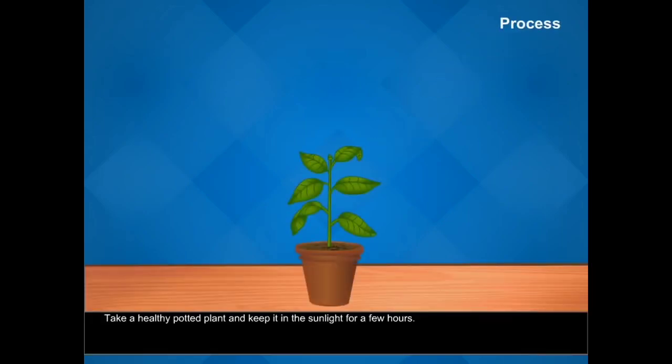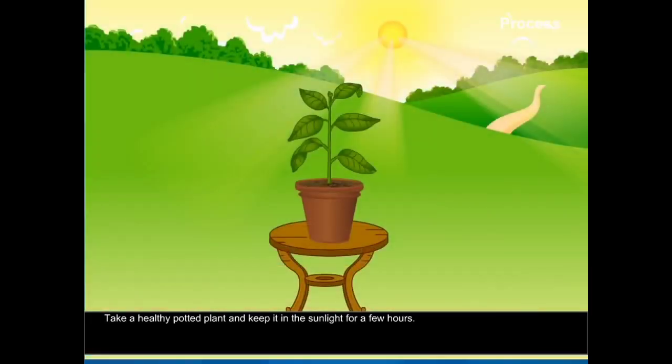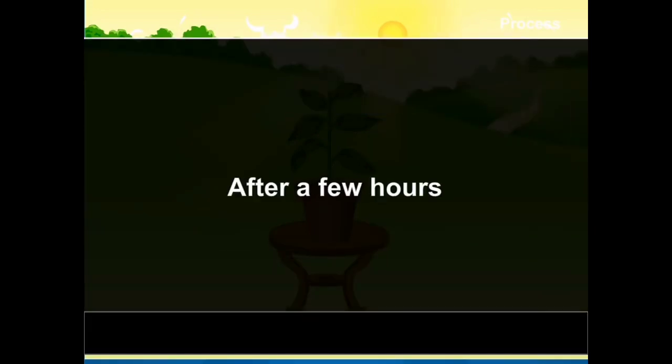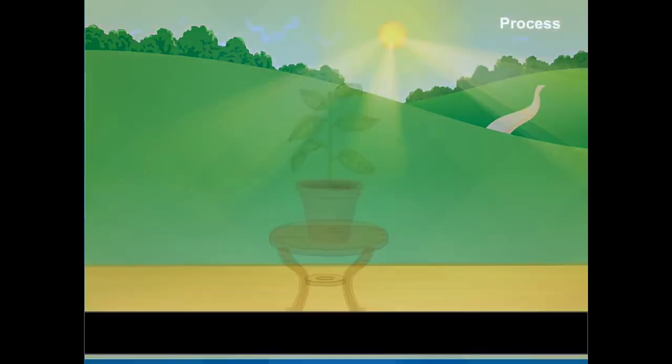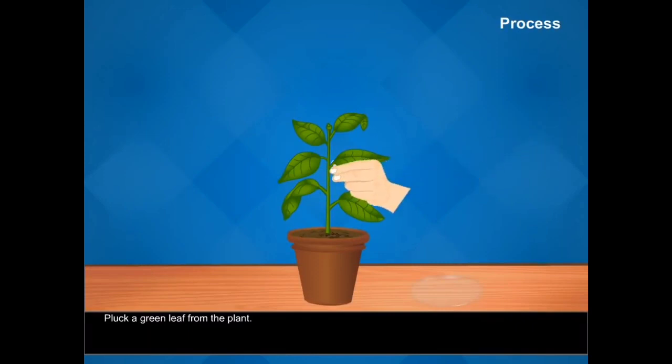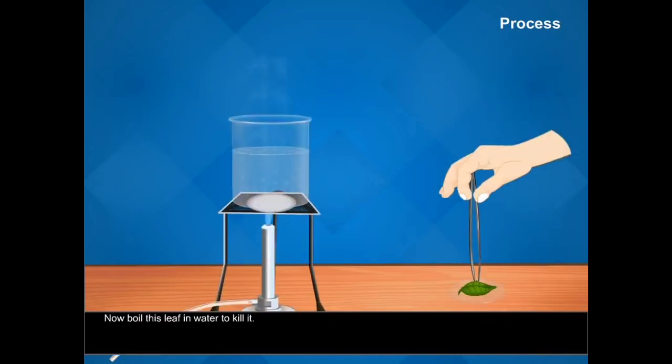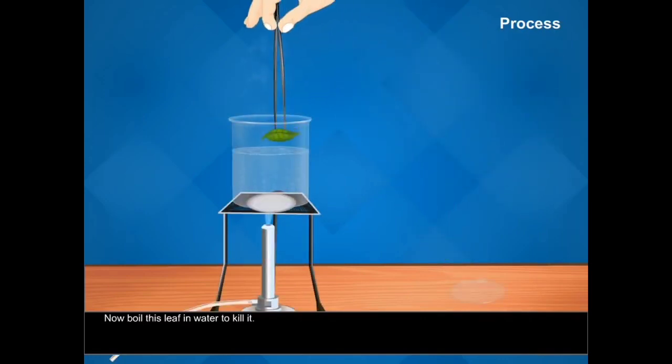Process: take a healthy potted plant and keep it in the sunlight for a few hours. After a few hours, pluck a green leaf from the plant. Now boil this leaf in water to kill it.